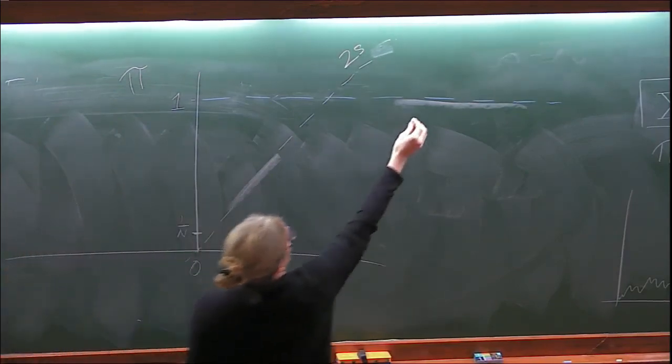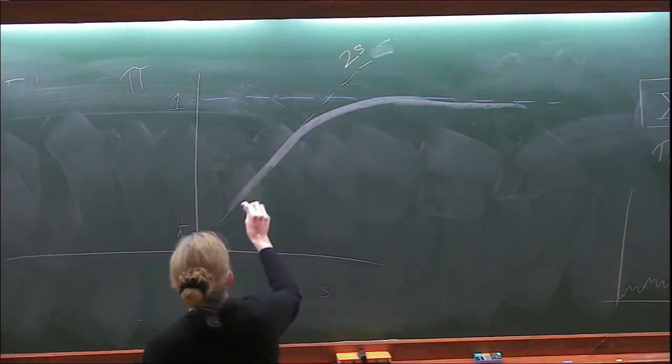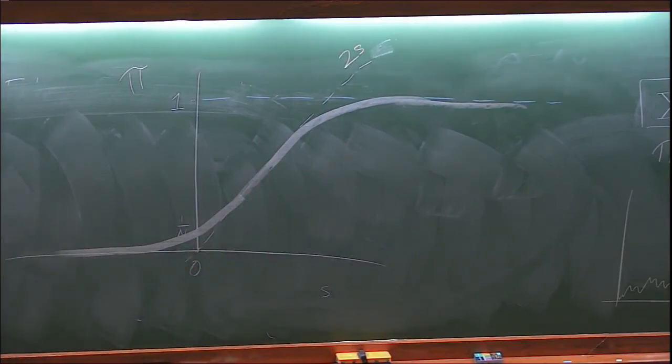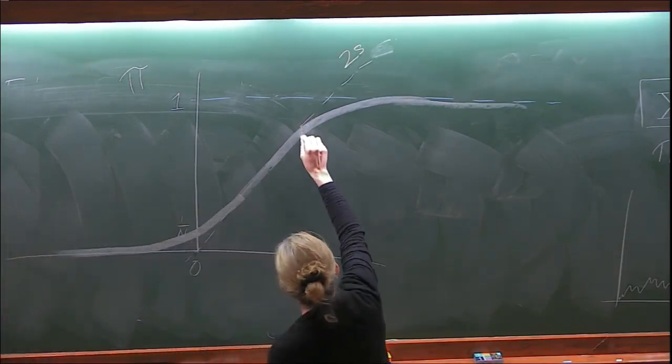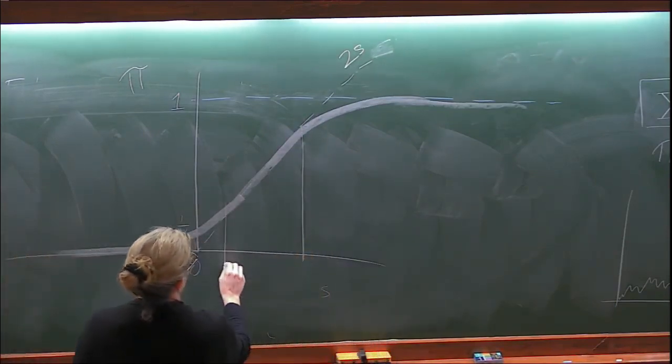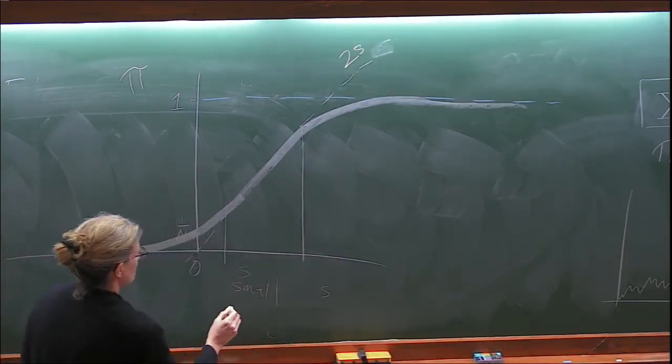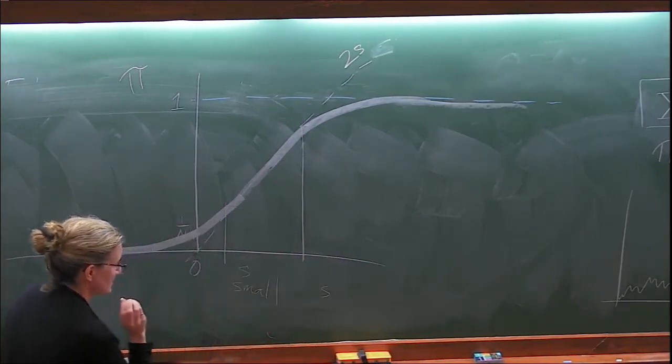So the curve is going to go something like this. So 2S is a good approximation for some range of S's. This is why it's confusing. It confused me when I first learned this. I remember being confused about exactly this point.